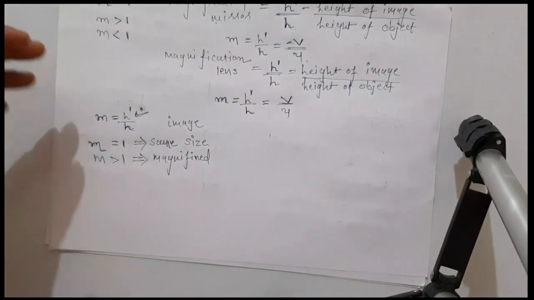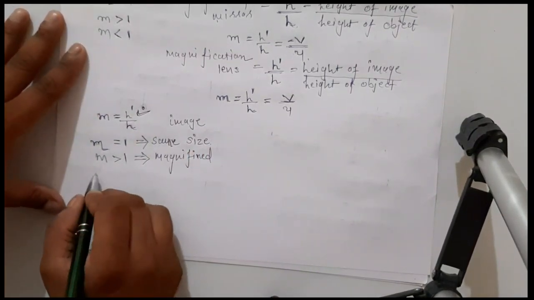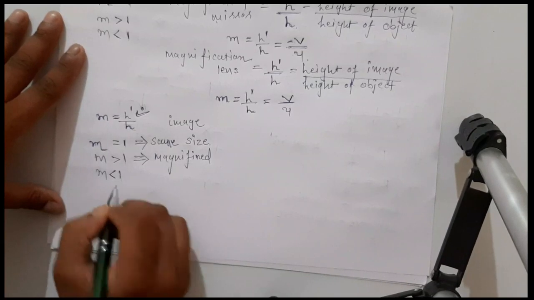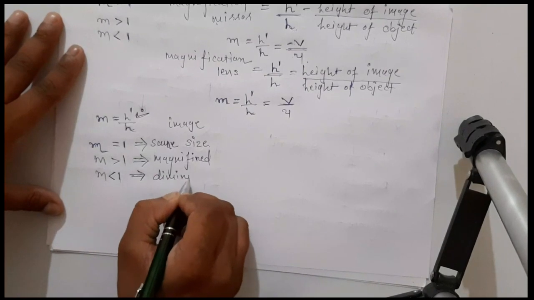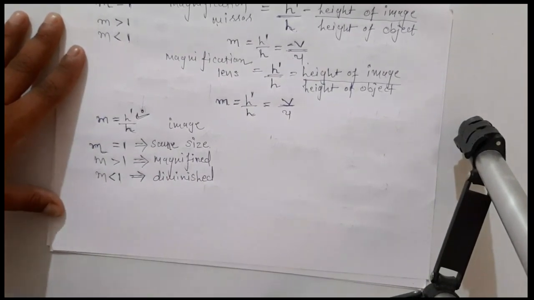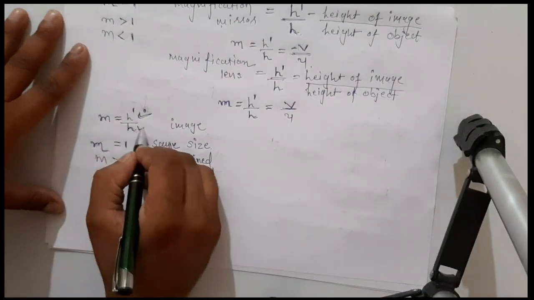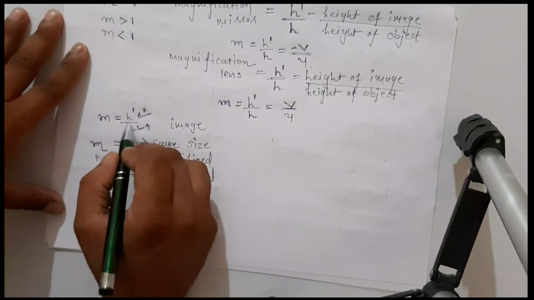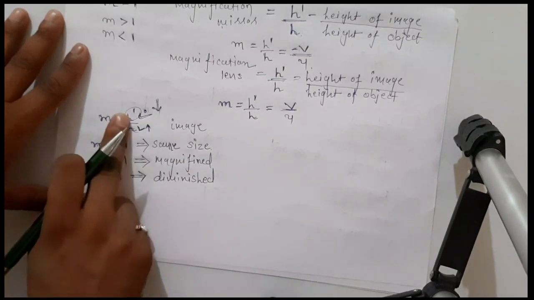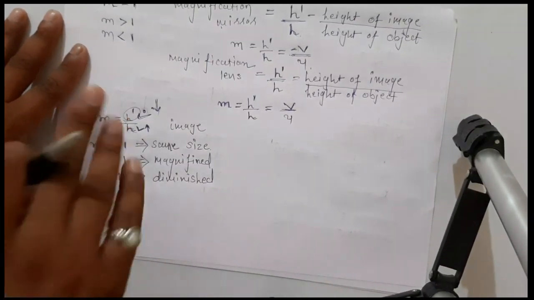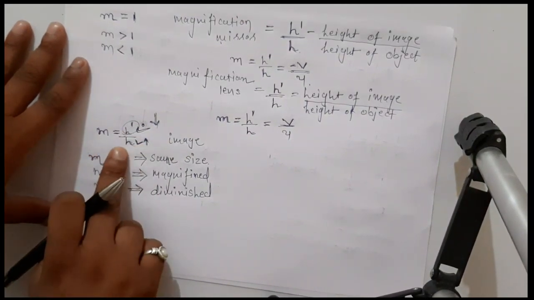If m is less than 1, we will get a diminished image. Why? Because the denominator is high and the numerator is low, so h dash is low, meaning the height of the image is less in comparison to the height of the object.